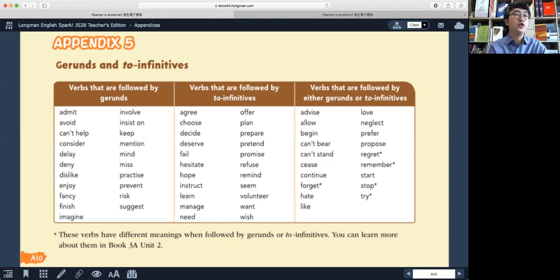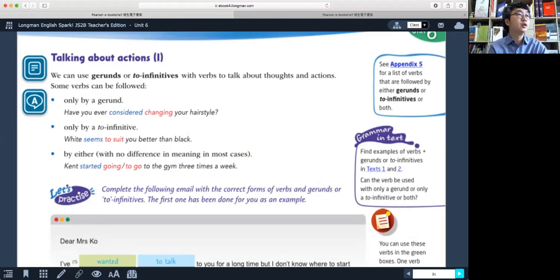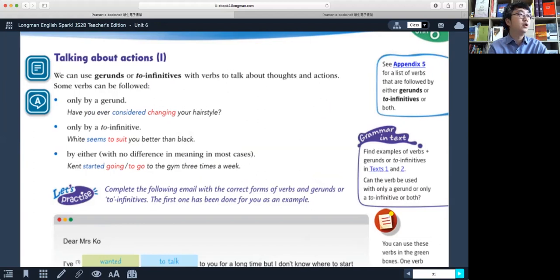Page 31. So look at here. Some verbs can be followed by, I just mentioned, there are 3 ways. The first way, only by a gerund. Here is an example. Have you ever considered, all right, look at the word considered here.